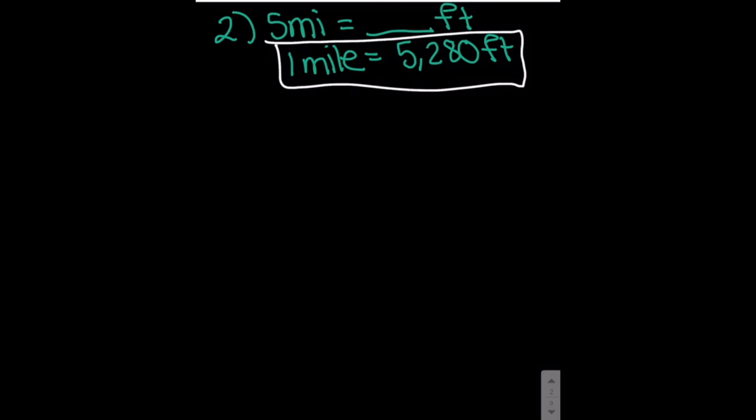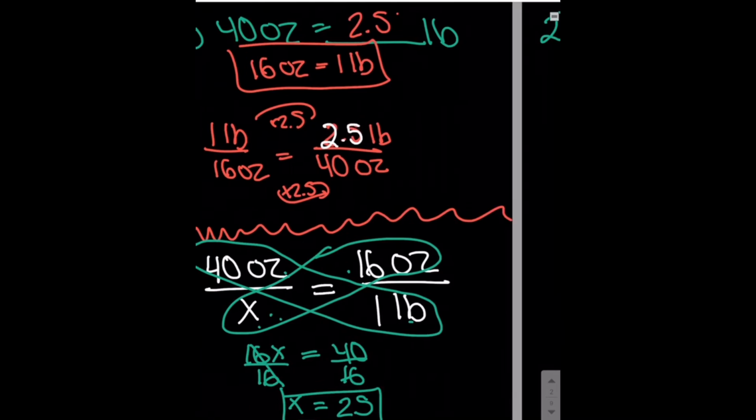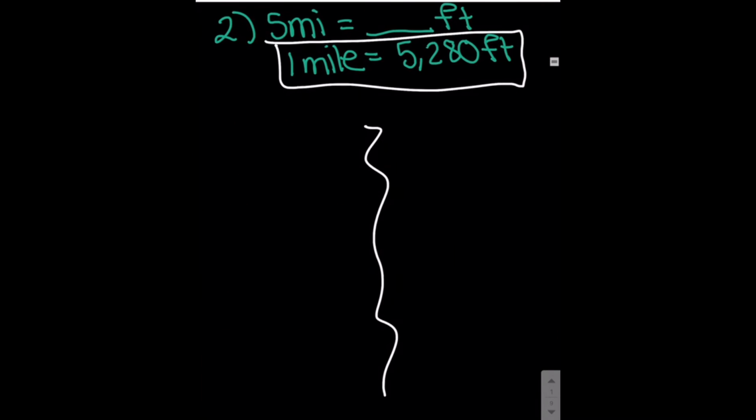So with this being said, now we know this conversion, we can solve this. I'm going to do both again on the side. One will be the unit rate one, and the other will be the cross multiplying one. So here, what we're going to do is put 5,280 feet, and I'm going to put 1 mile.